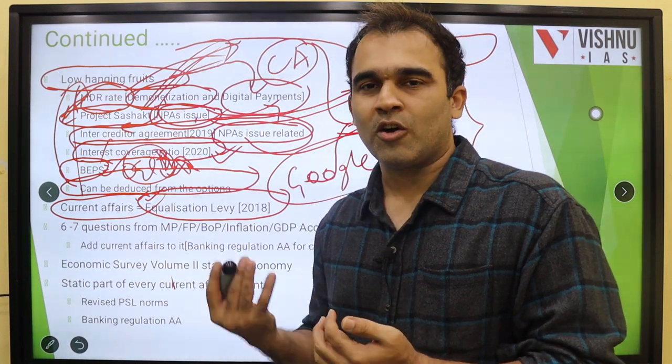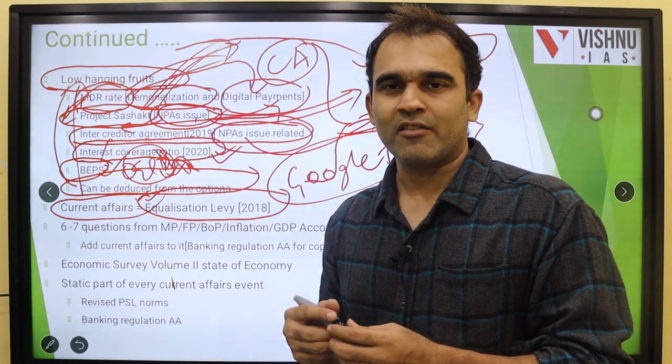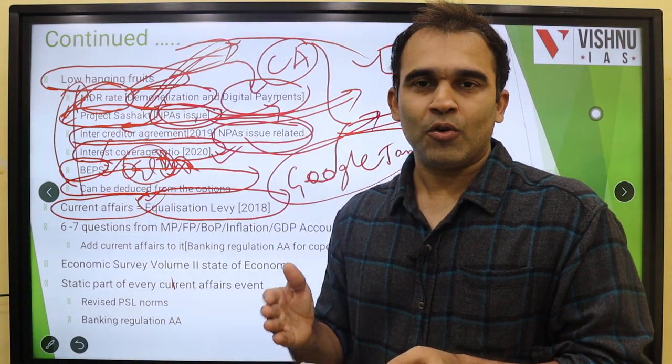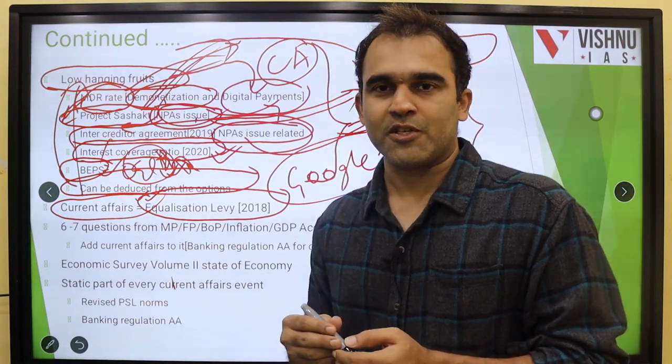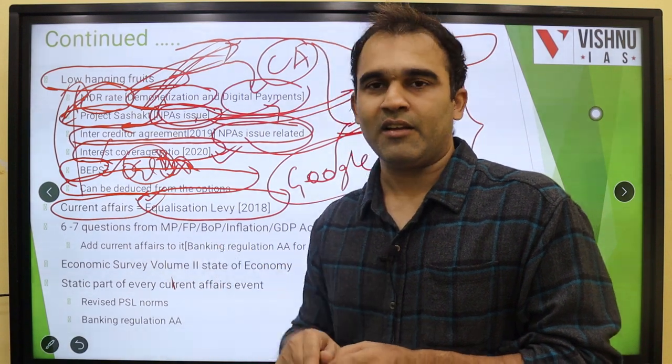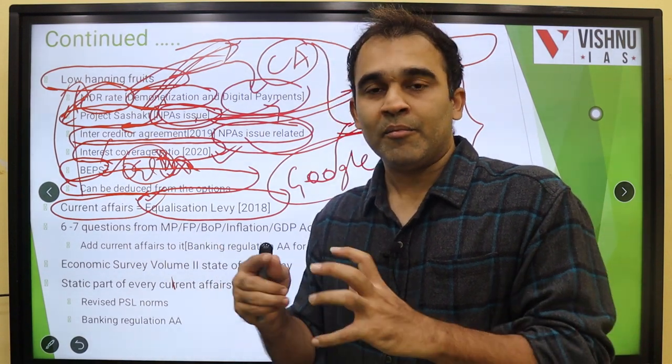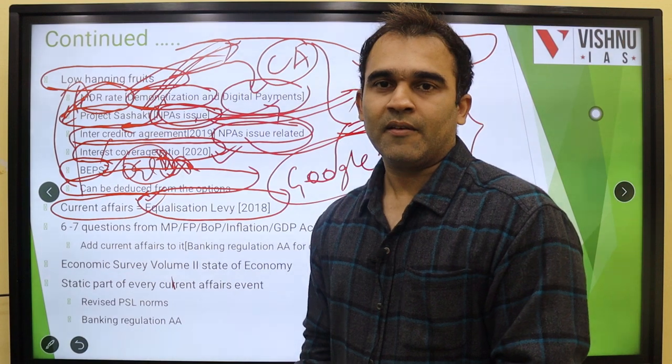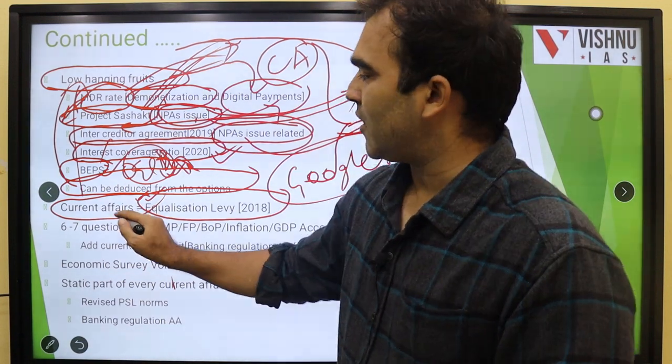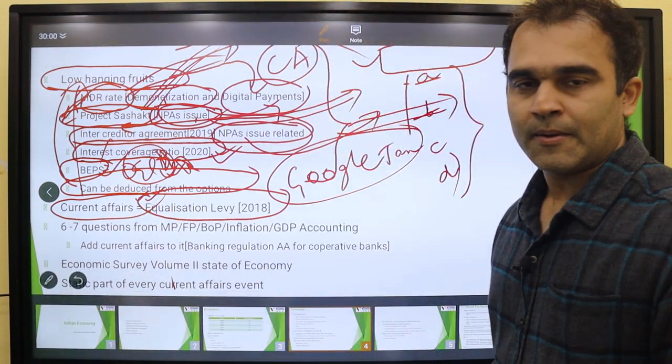The exclusion logic of the options works only when you know at least 3 or 2 of the options, not when you are completely dumb about the options that are given. So those are the current affairs related questions.